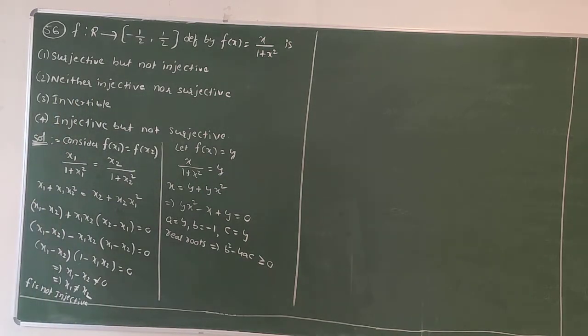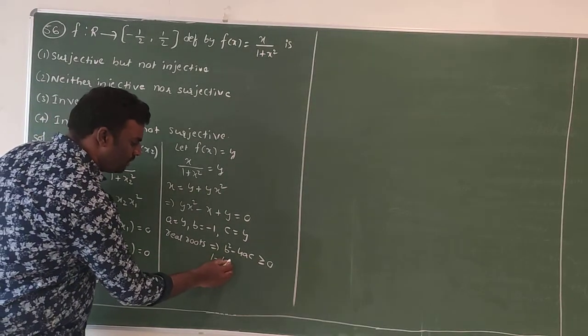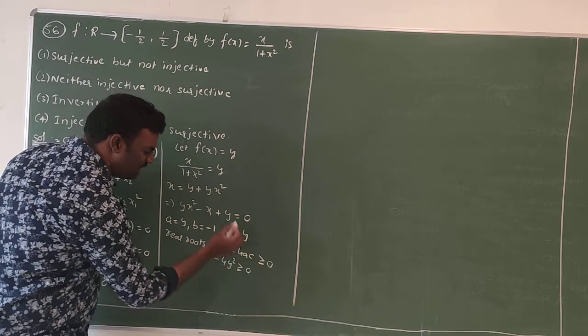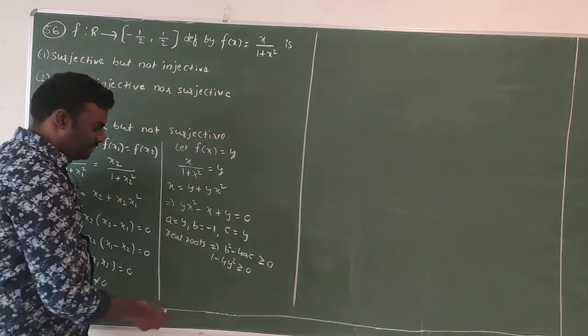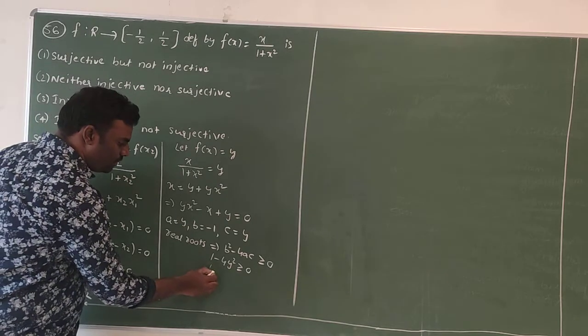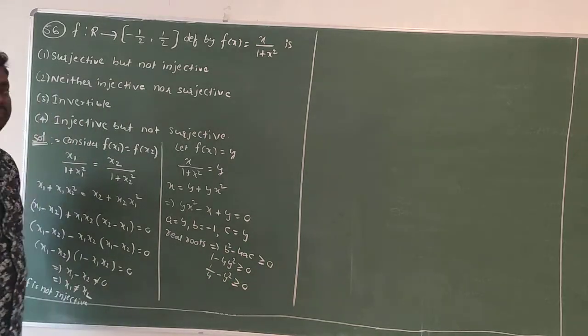If b² − 4ac is greater than or equal to 0, we know the a, b, c values, substitute, then what will we get? 1 − 4y² greater than or equal to 0. If you take 4 common, 1/4 − y² greater than or equal to 0.